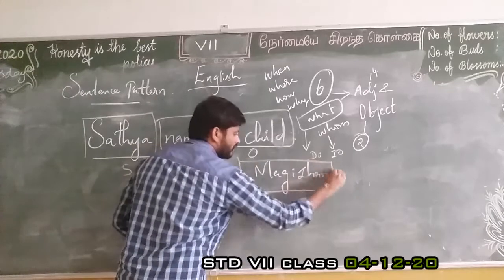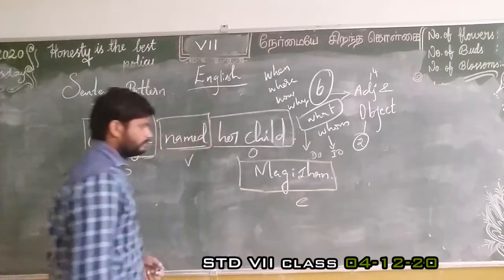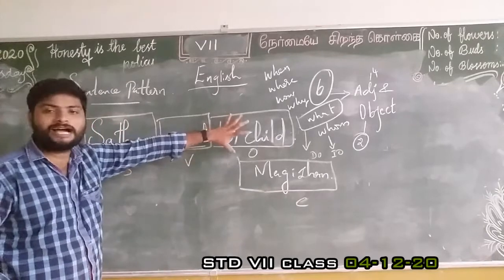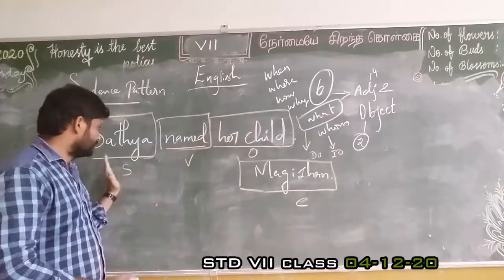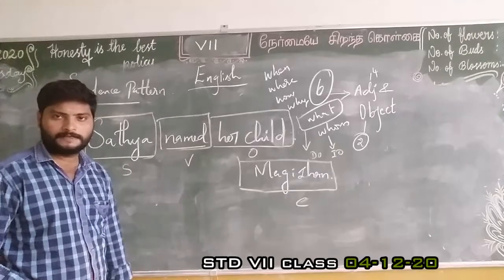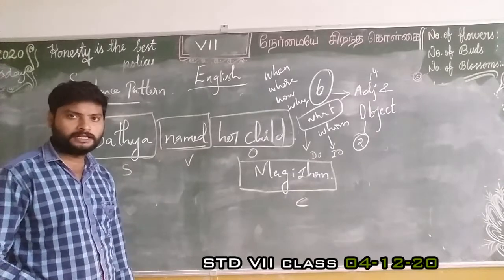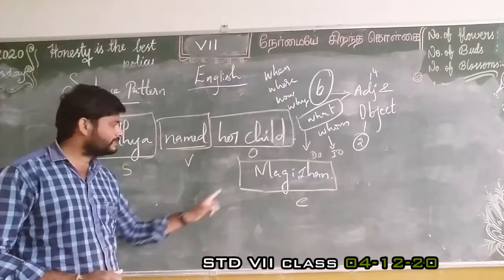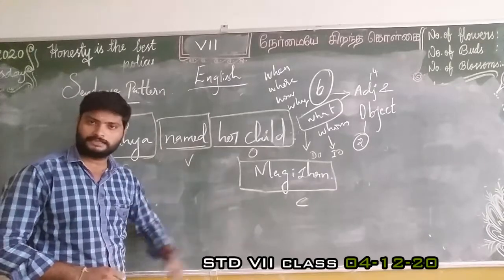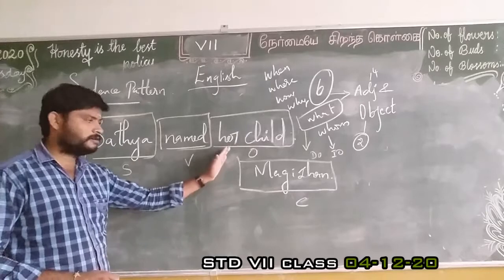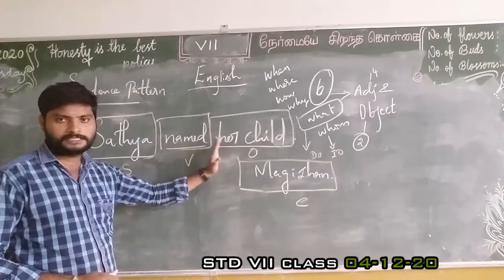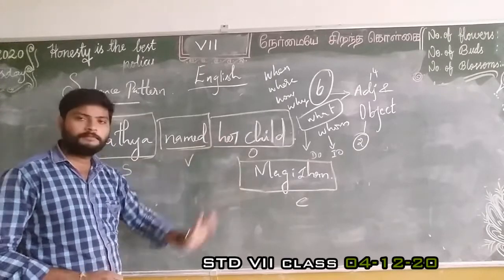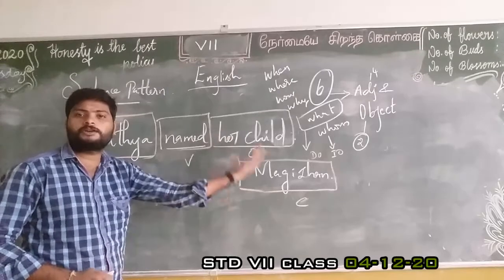Subject, verb, object and complement. If we don't have this part in the sentence, Satya named Magilan, then Magilan will be an object because there is no other object here. Instead of the object, we used Magilan, so it becomes an object.